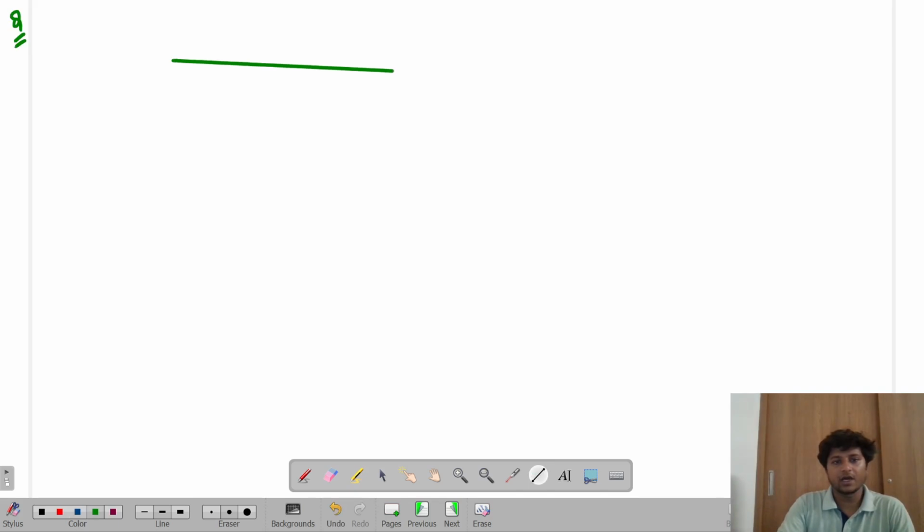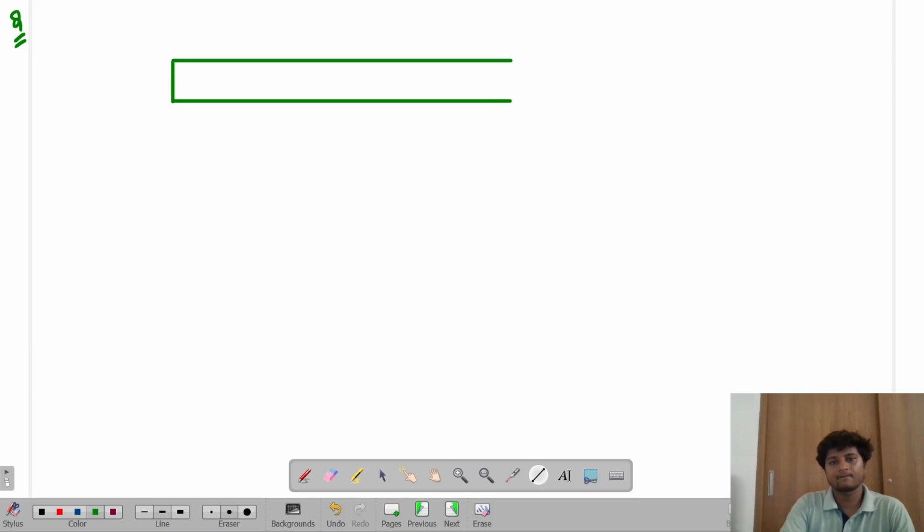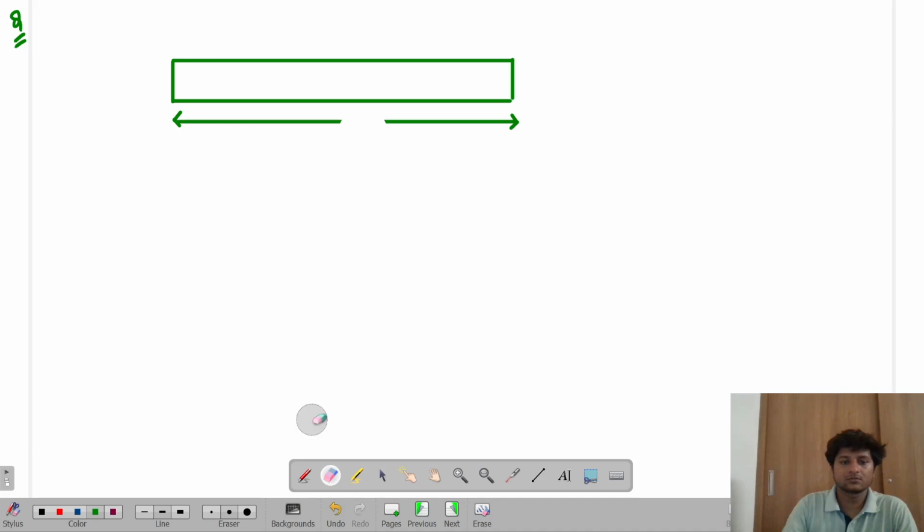There is a conducting wire of length L. Suppose I connect this conducting wire with 2 points A and B, through which the current is passing, and here the resistivity varies.